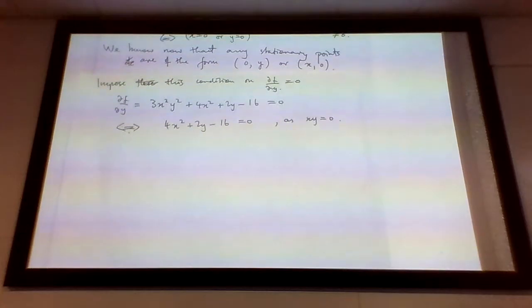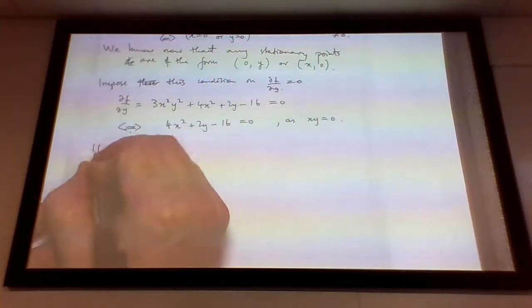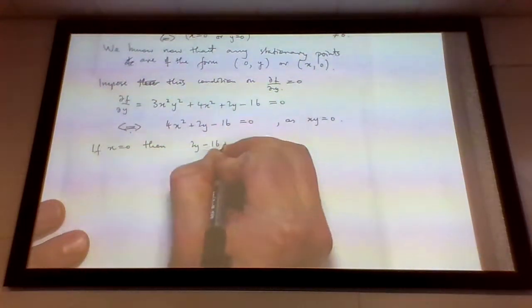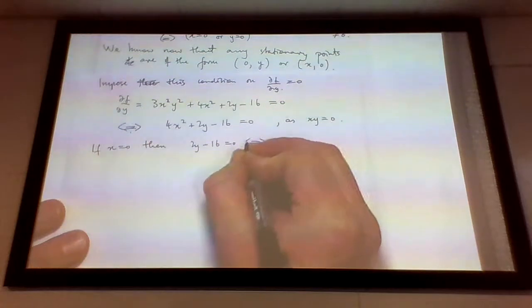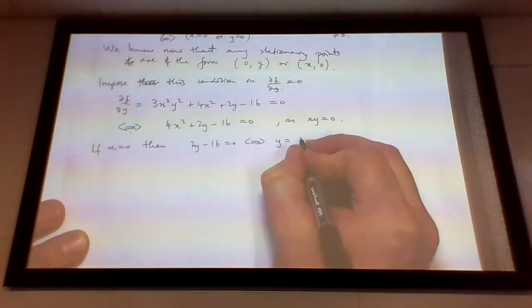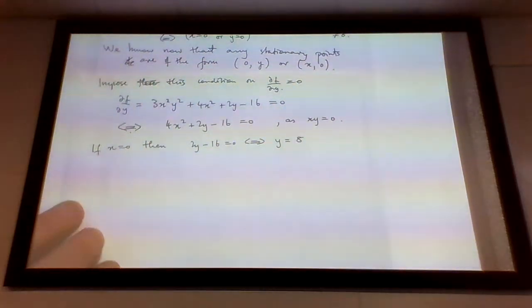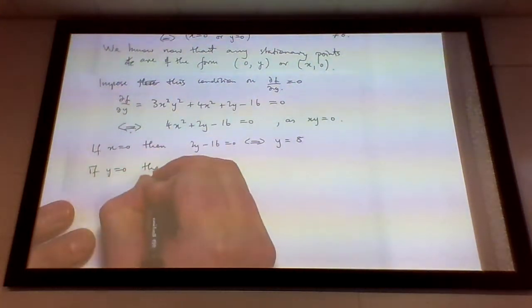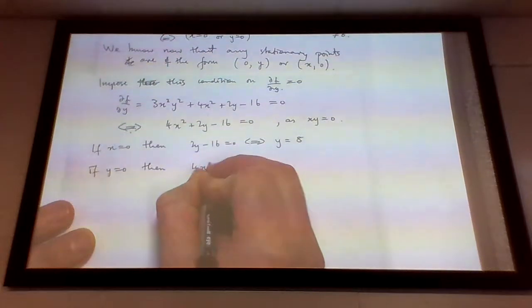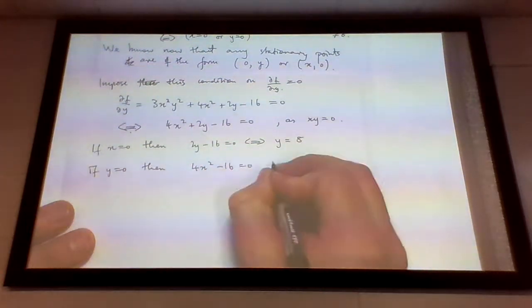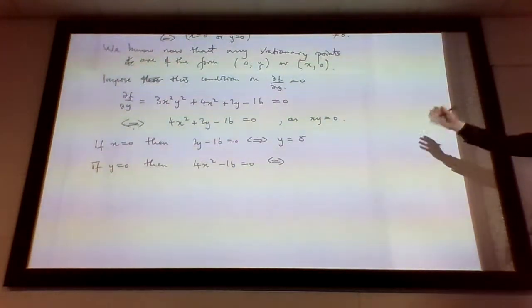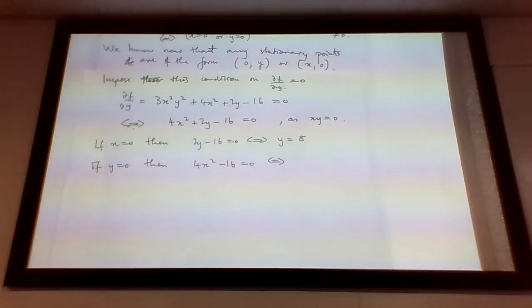So what happens depends on which one is 0. So if x is 0, then 2y minus 16 is 0, which is equivalent to y being 8. If y is equal to 0, then 4x squared minus 16 is 0, which is equivalent to 4x squared being 16, x squared being 4, so x being plus or minus 2.